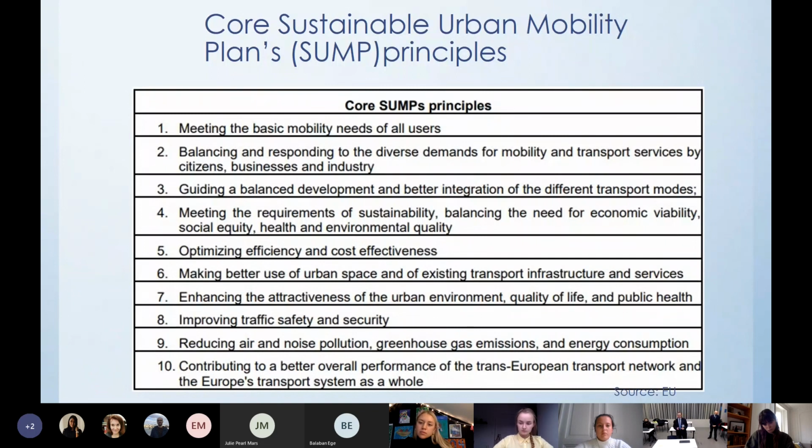Enhancing the attractiveness of the urban environment, quality of life and public health, that is the seventh, because in several cases different strata of societies are leaving the urban settings, for example downtown areas, because they would like to have a green area for their houses, they would like to have their yards, a greenish place around themselves, and they don't want to be in the downtown, which is full of waste, which is dirty, which is not safe in any sense.